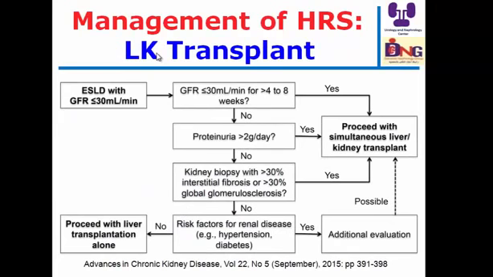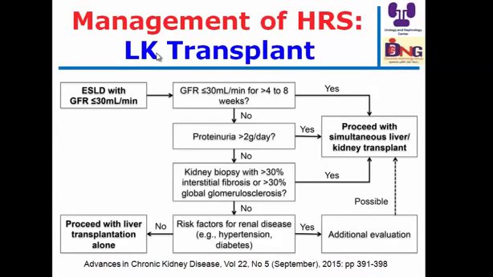This is a very interesting algorithm. If you have end-stage liver disease and the GFR is less than 30 mL per minute for more than 4 to 8 weeks, it is better to proceed with simultaneous liver and kidney transplant. Even if it's not 4 to 8 weeks, but there is proteinuria above 2 grams, we may think of simultaneous liver and kidney.